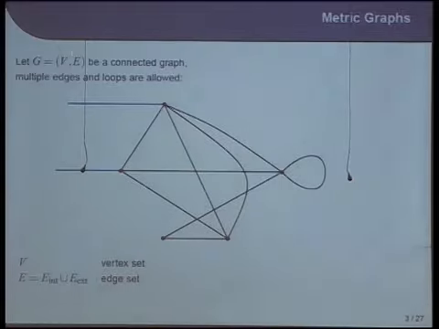The set of vertices, the red points on this plot, will be denoted by V. Some of these vertices are connected by edges. Multiple edges are allowed. This means a couple of edges connecting the same two vertices. We also allow for loops, something like this.